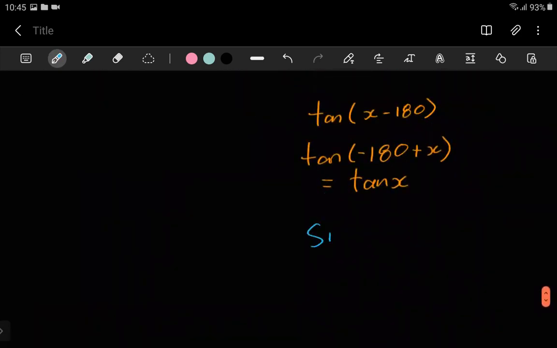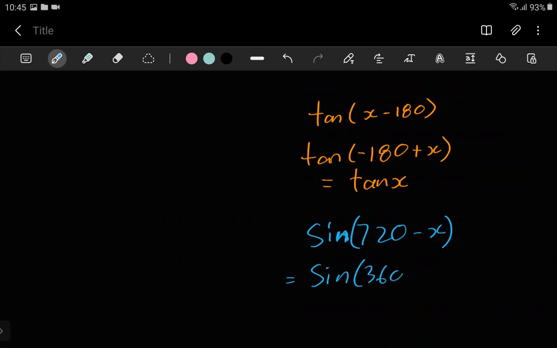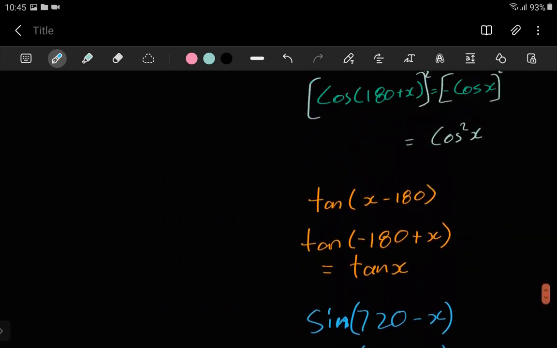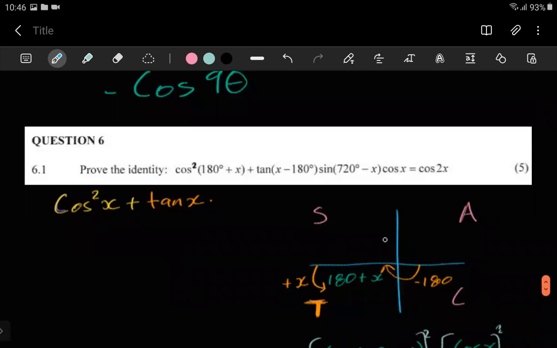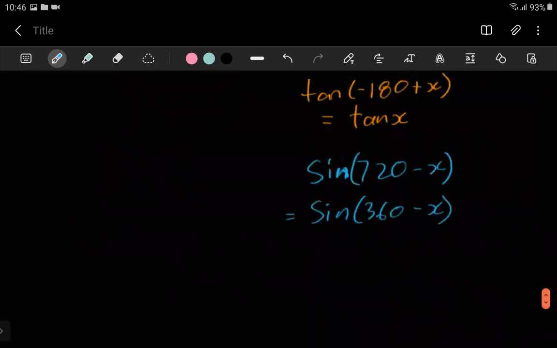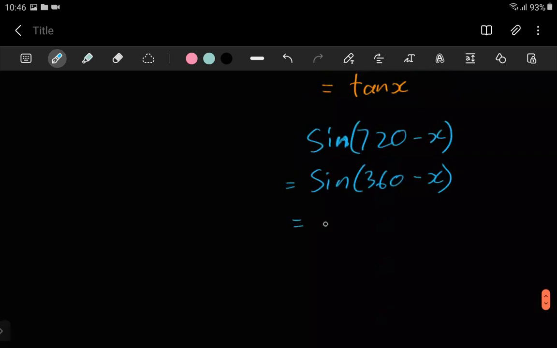So here you have sine(720 minus x). You can remove 360 once, so you can write this as sine(360 minus x). And 360 degrees minus x lands you in this quadrant, where only cos is positive. So here you're going to have negative sine x.